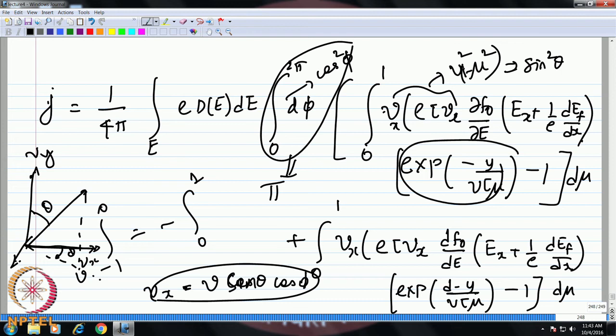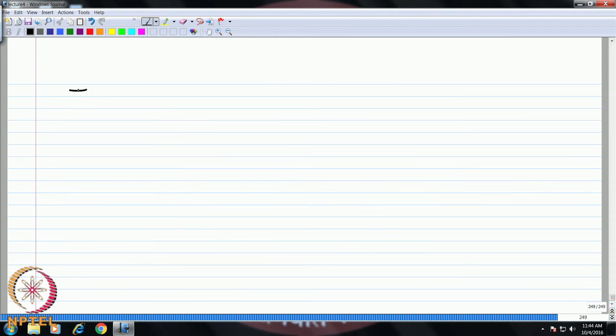So you have a common term. So, therefore, we can take this entire term E x plus 1 by E d E f by dx out, and therefore, we can write this as j, and we can bring this to the denominator. So, we have E x plus 1 by E d E f by dx.